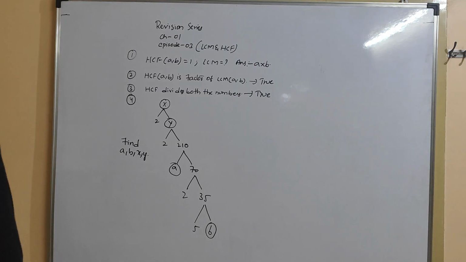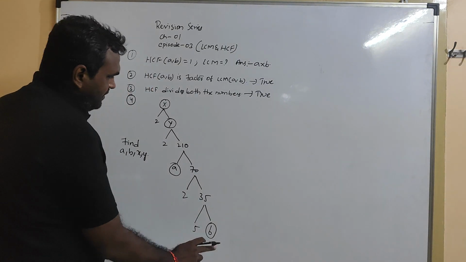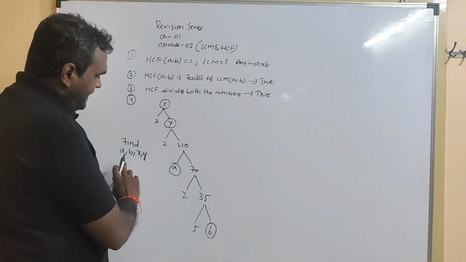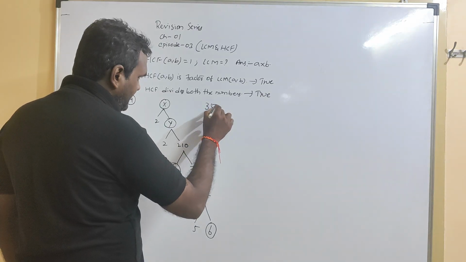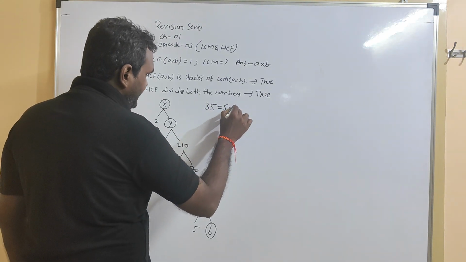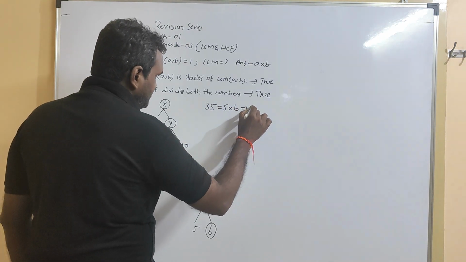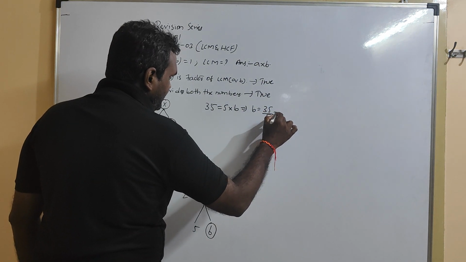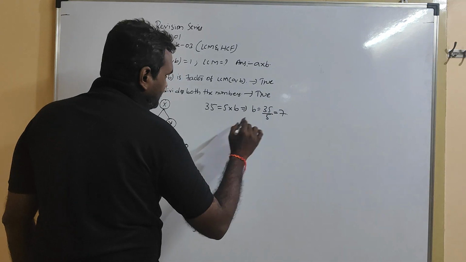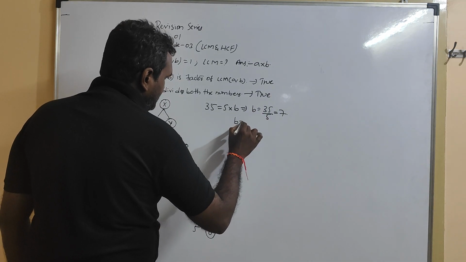First we can find b. For this kind of problem you have to come from the bottom. 35 is given as 5 into b. This implies b is equal to 35 by 5, that is 7. So I got b as 7.